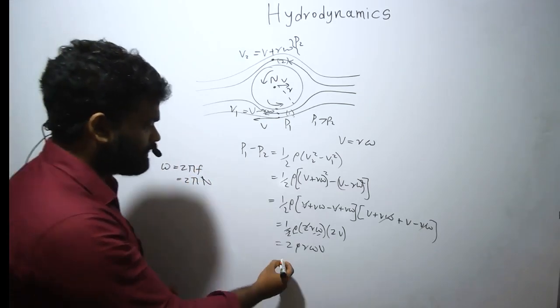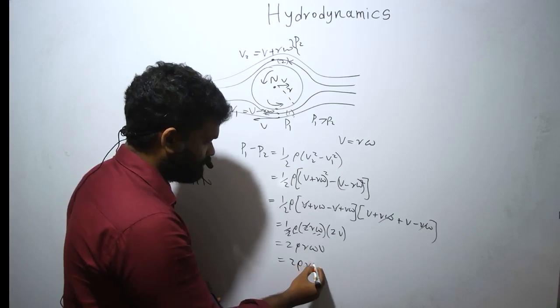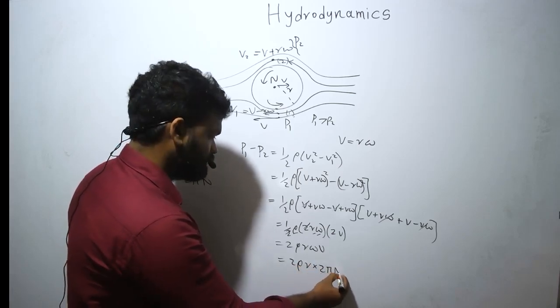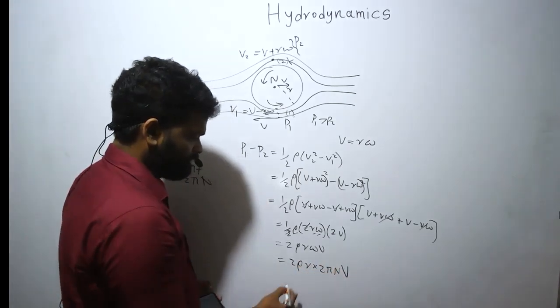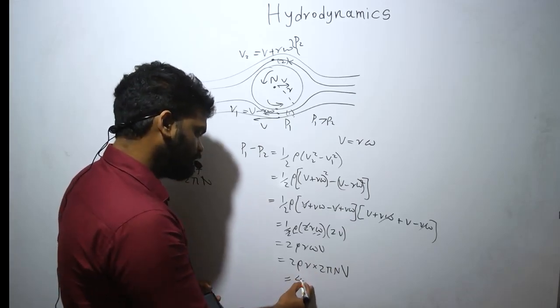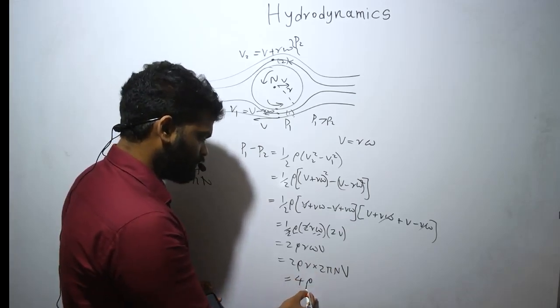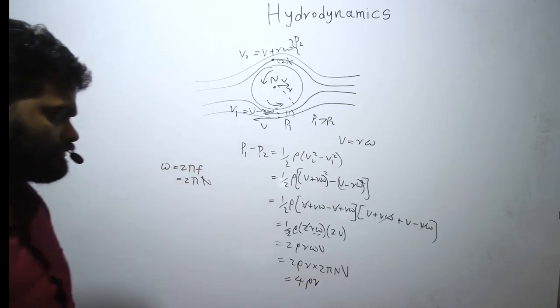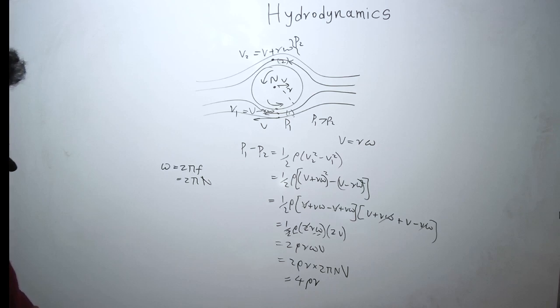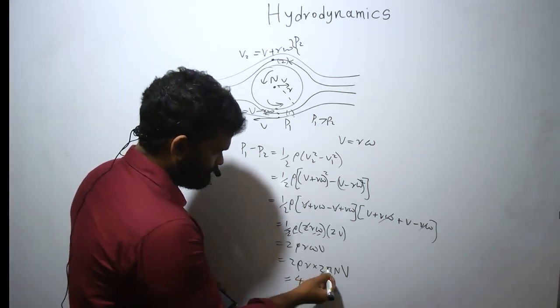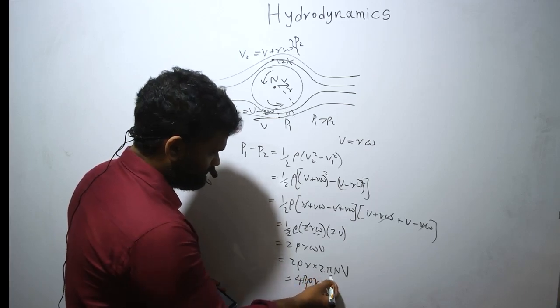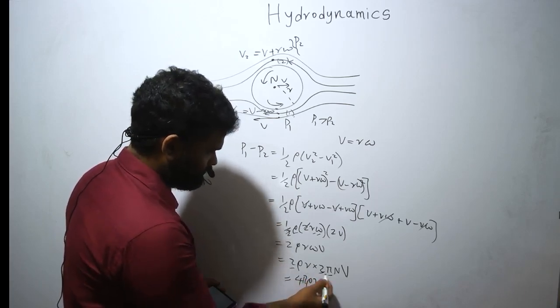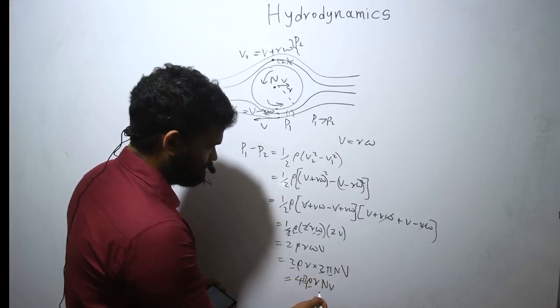So instead of omega, just apply 2 pi N, then V. So 2 times 2, that is 4 rho R. There's pi here. 4 pi rho R capital N V. Okay.